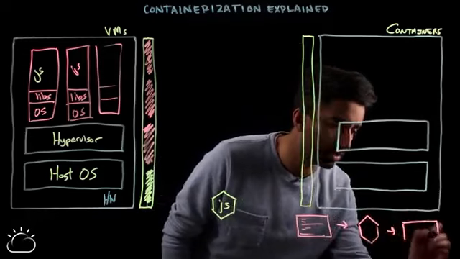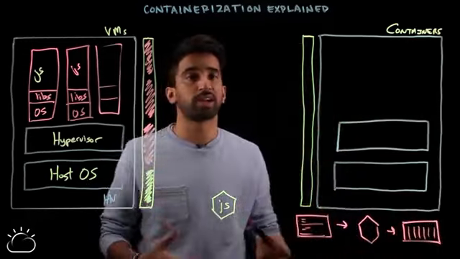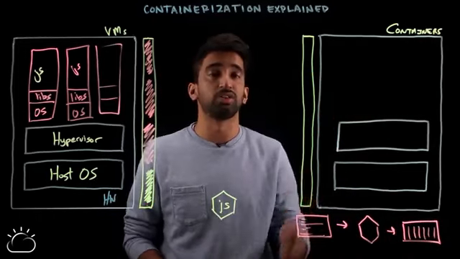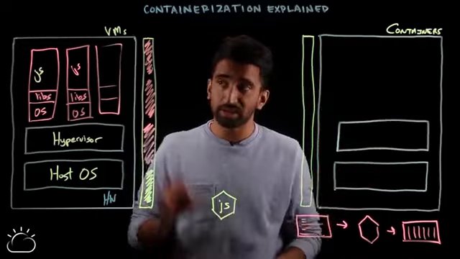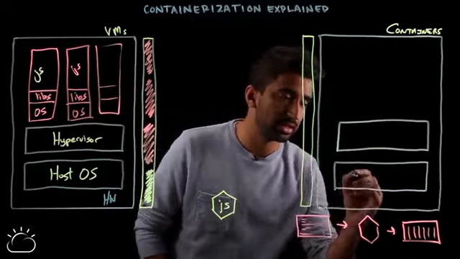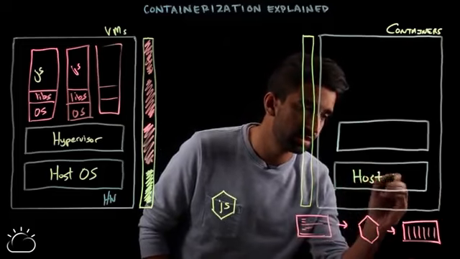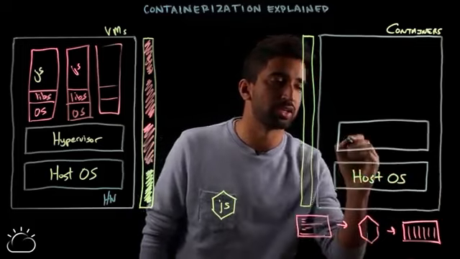And the last thing you end up with is an actual container itself, that contains all of the runtimes and libraries and binaries needed to run an application. That application runs on a very similar setup to the VMs, but what we've got on this side is, again, a host operating system. But the difference here, instead of a hypervisor, we're going to have something like a runtime engine.